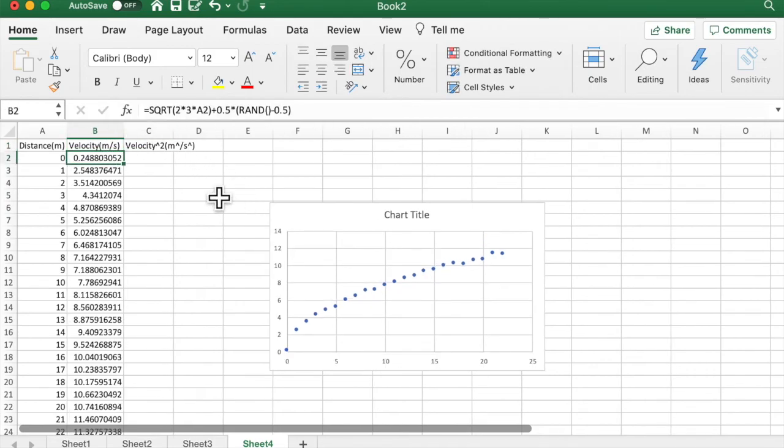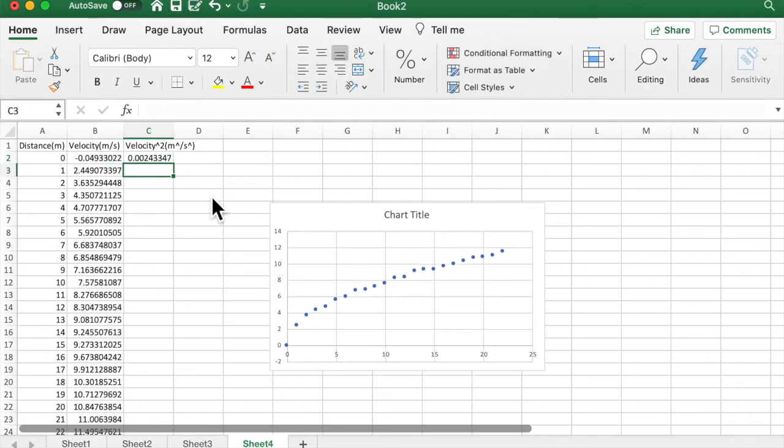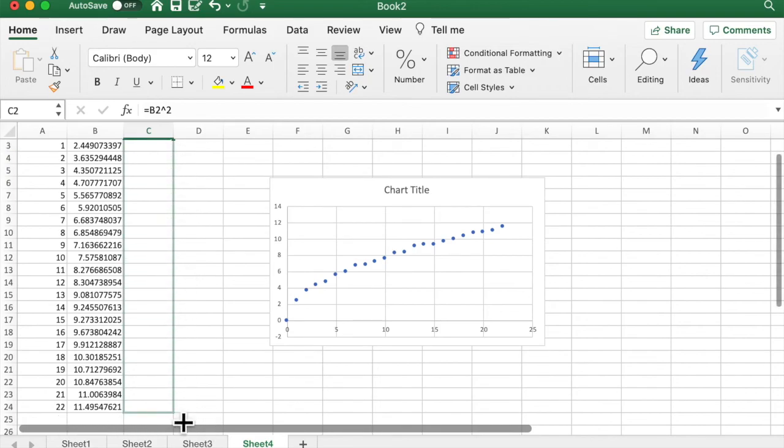So now let's take a look at how we can do this. We can ask again for a formula. We're going to take this value here and put in a caret for squared and hit equals. And now I'm going to take this and bring it all the way down.